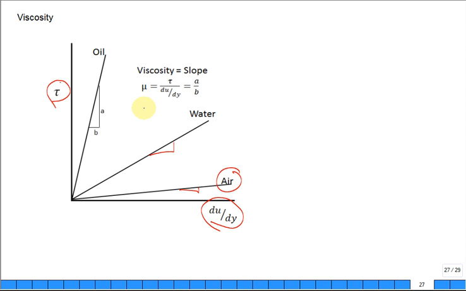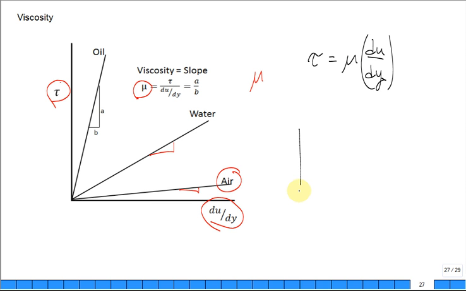And there's our viscosity. Our viscosity, mu, is a constant of proportionality in the law of viscosity. And the law of viscosity is something like tau is equal to mu du/dy.